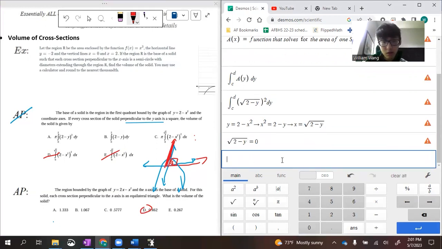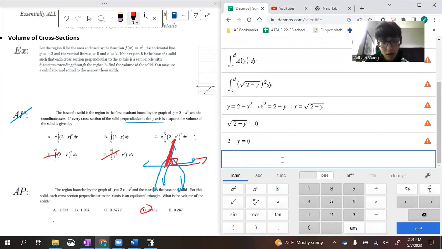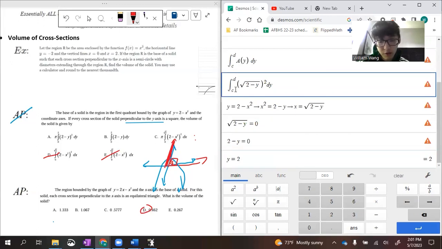So 2 minus y is equal to 0, y is equal to 2. So your integral should go from 0 to 2.